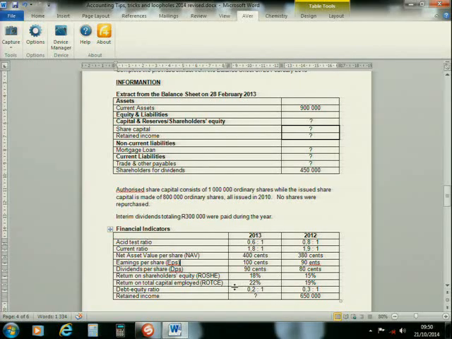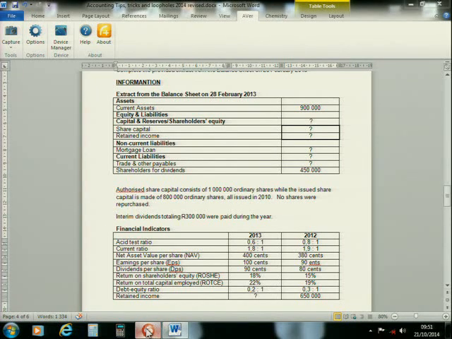That's the proportion of your debt to equity. How much debt are you using in relation to equity? In this instance, we have it as 0.2 to 1. And therefore, your loan amount will be 0.2 times the shareholders' equity of 3.2 million.